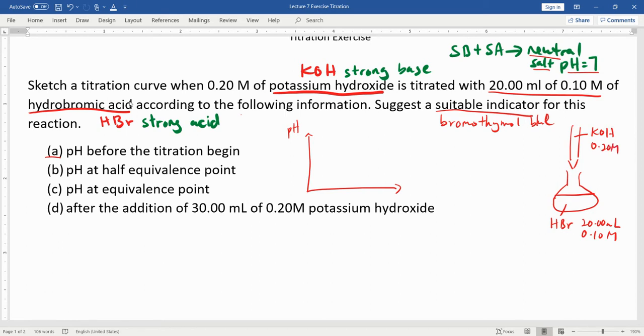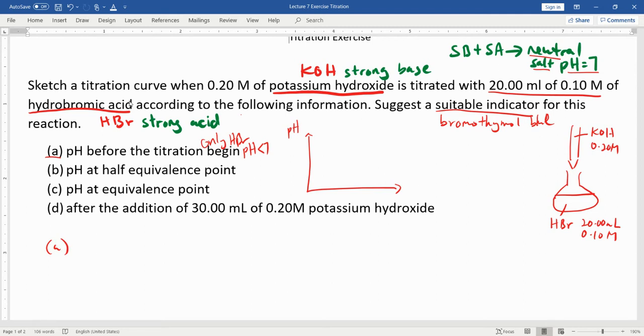Remember, pH before the titration begins means that we only have HBr. When we only have HBr, the pH will be less than 7 because there's only acid.